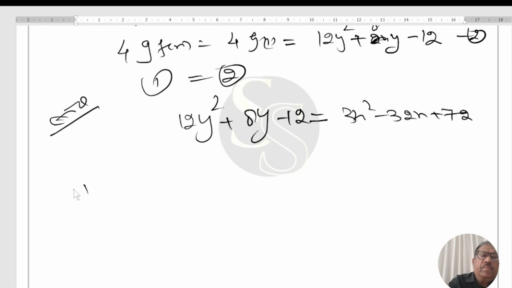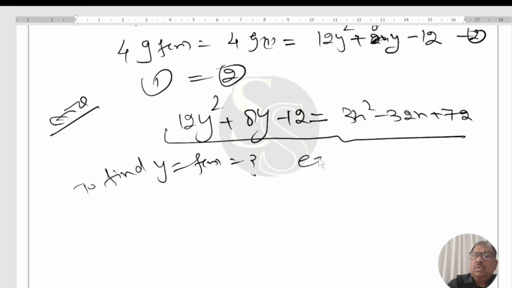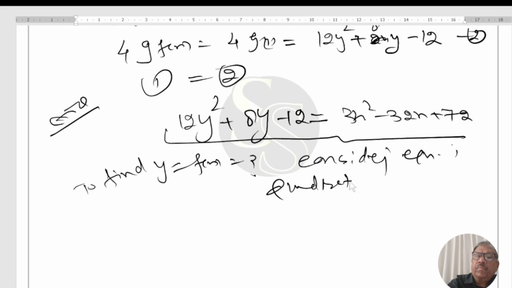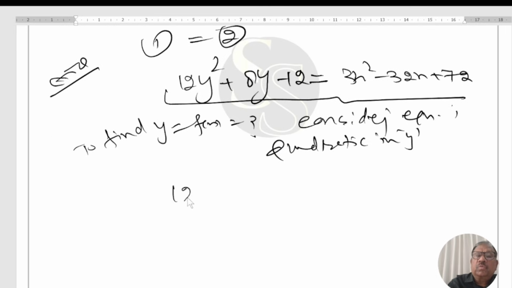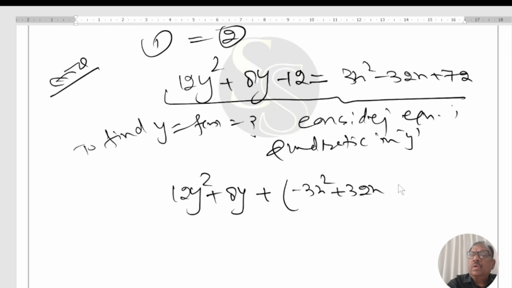Now, as we have to find y equal to f(x), considering the equation quadratic in y, this comes out to be 12y square plus 8y minus 84 plus minus 3x square plus 32x equal to 0.